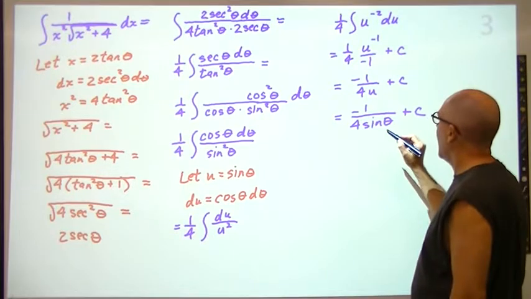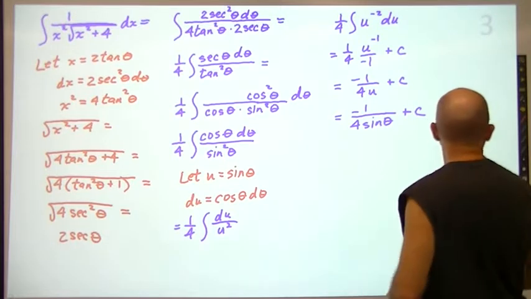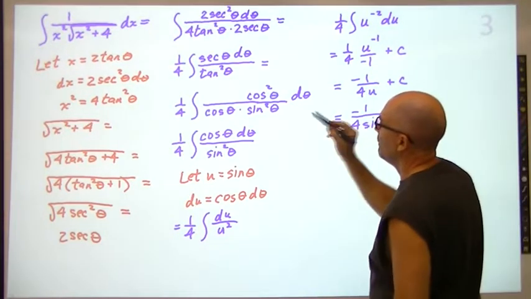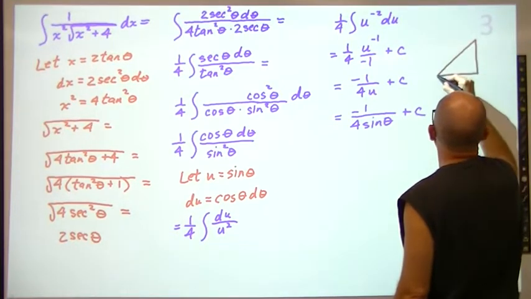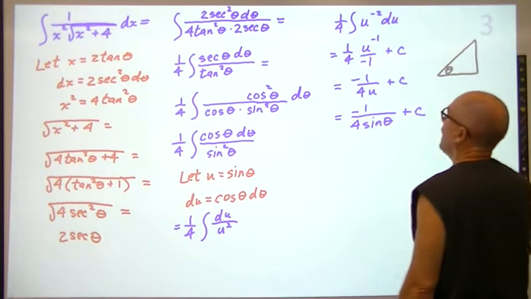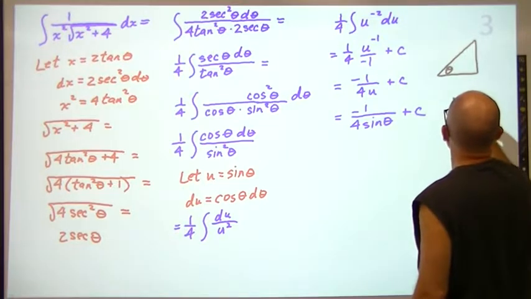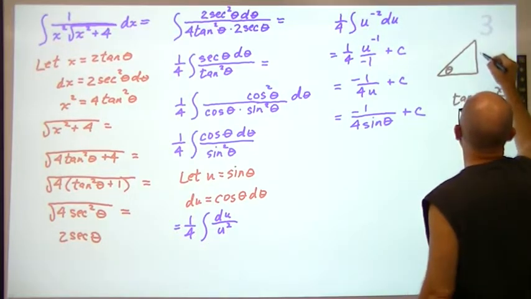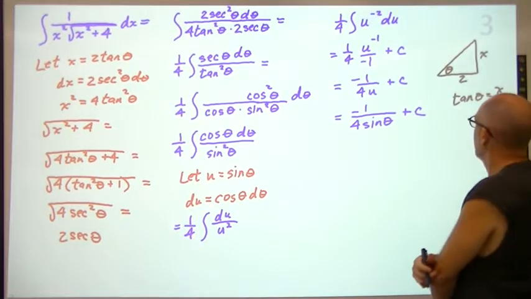Now, I need to get the x's back. So, what I do is I go with my triangle. If x is 2 tangent theta, here's theta, and x is 2 tangent theta means tangent theta equals x over 2, which means I put x over 2 opposite over adjacent.